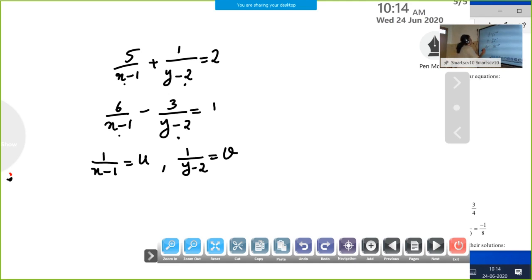Then the first equation becomes 5u plus v is equal to 2, instead of 1 by x minus 1 we write u, and instead of 1 by y minus 2 we write v.